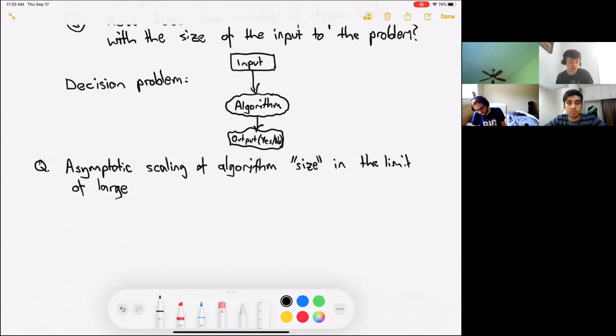We're going to call the input size n. Okay.